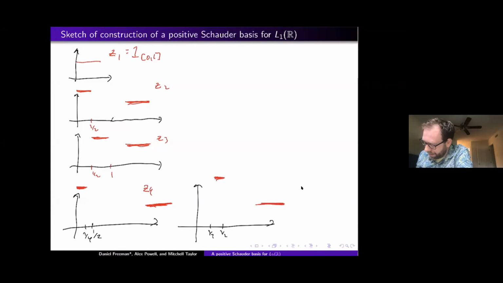Then it has the same extra piece as Z4. And so if you take Z4 minus Z5 over 2, this is going to be the next Haar vector. So I'll call that H2. But Z4 plus Z5 over 2, this is going to be far from everything else.